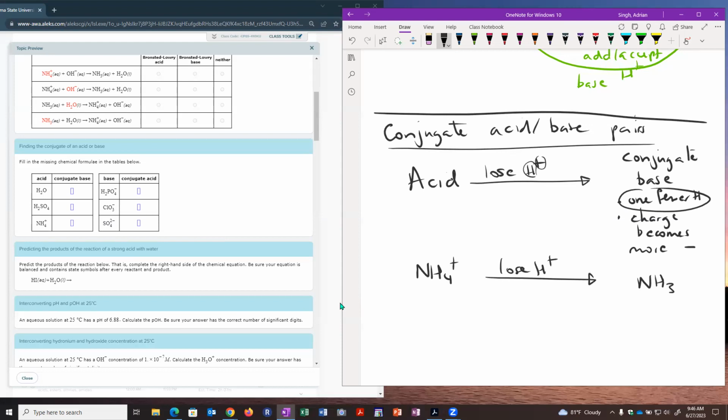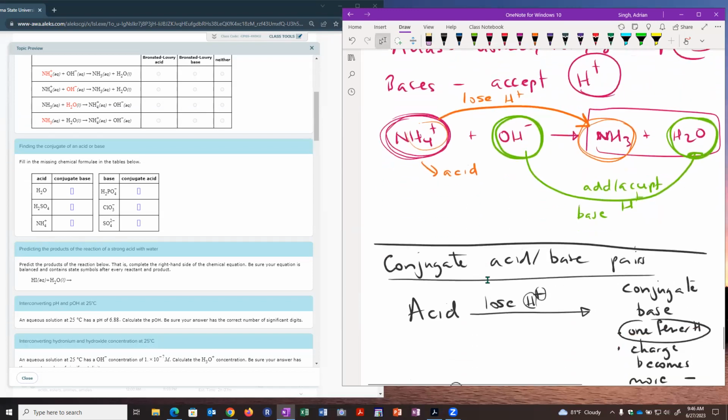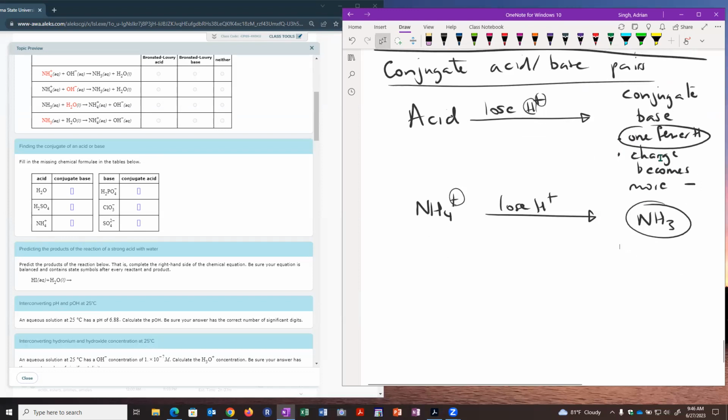Specifically, it's going to reduce by one positive charge because we're losing an H plus. So we take away the positive. This then ends up with a neutral charge. And we actually saw that in the question above here. All right, so conjugate bases have one fewer proton, and the charge becomes more negative by one negative charge.